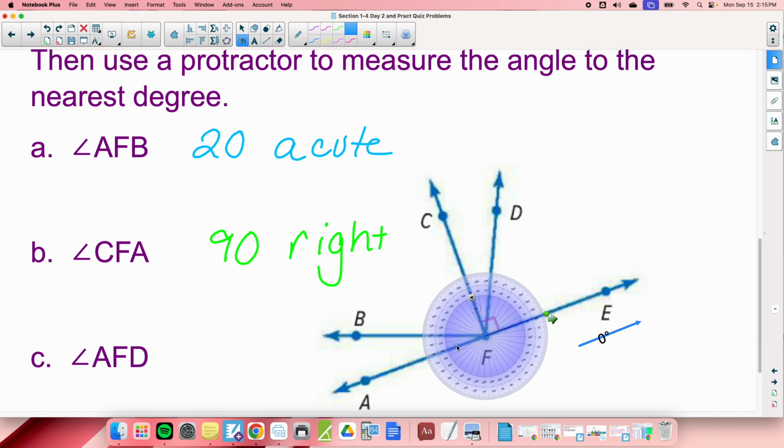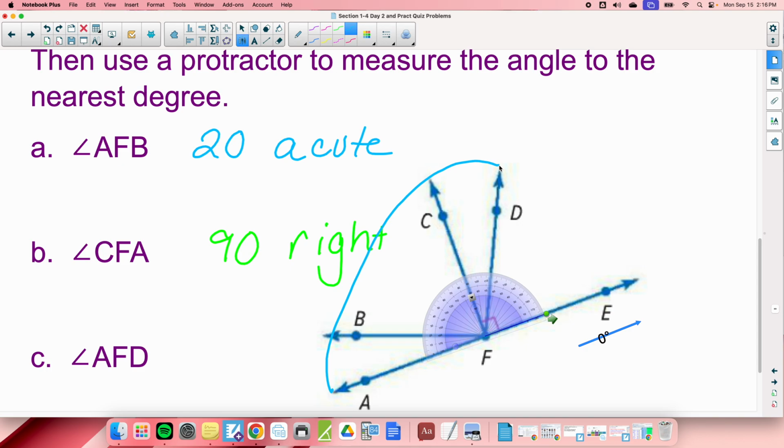Okay? Now they're asking us for AFD. AFD goes from here all the way to here. Now that angle, what is that going to be? 115, maybe?